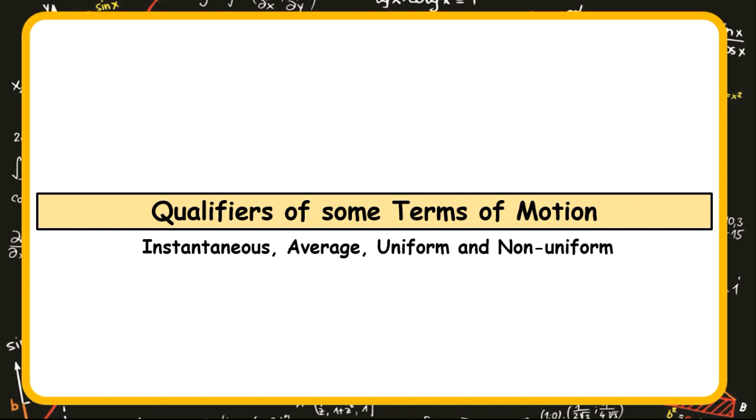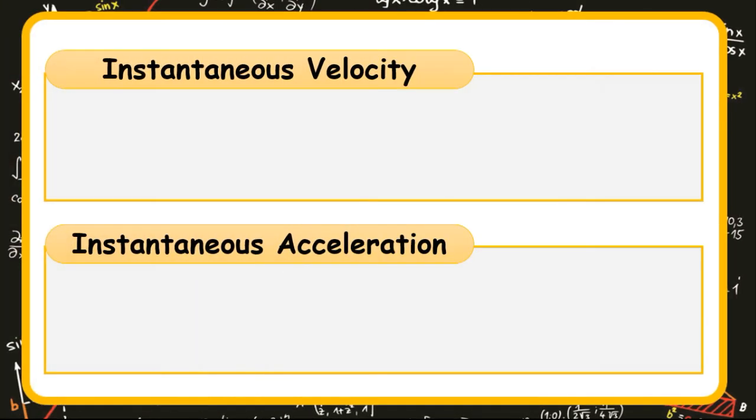Some of the qualifiers are instantaneous, average, uniform, non-uniform. So let's look at this for only two. I'm going to compare just two of the terms, velocity and acceleration. So you can say instantaneous velocity and instantaneous acceleration.